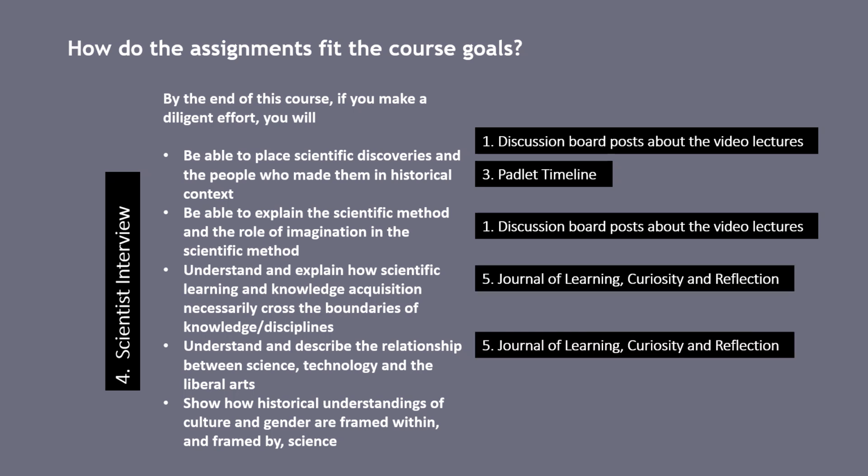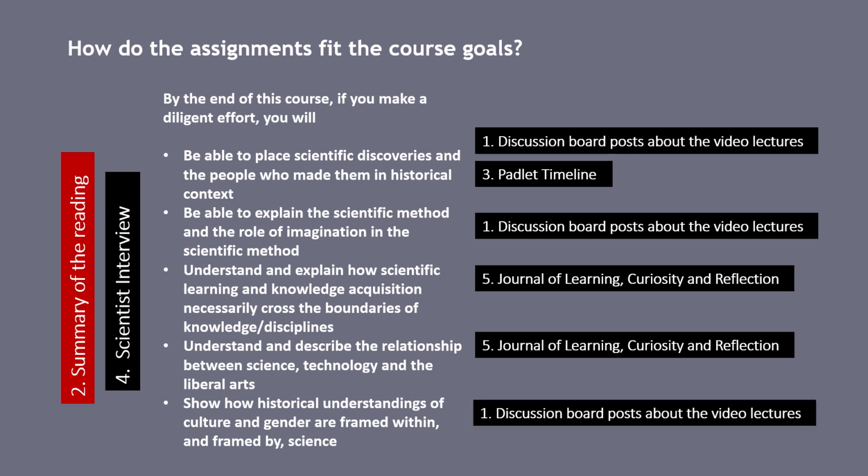The Journal of Learning, Curiosity, and Reflection really hits those lower 3 bullets. Understand and explain how scientific learning and knowledge acquisition crosses the boundaries of knowledge, understand and describe the relationship between science, technology, and the liberal arts, and understand gender and culture. Those are all things that the Journal of Learning, Curiosity, and Reflection will allow you to talk about.